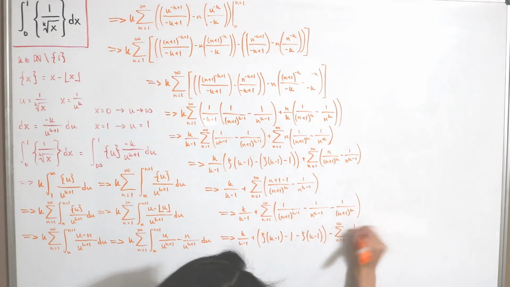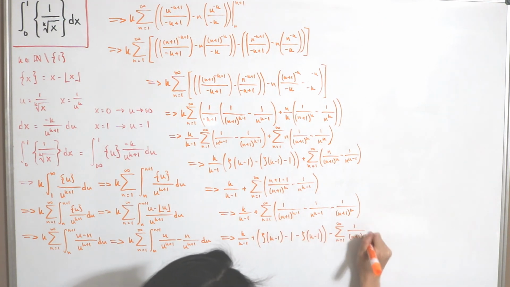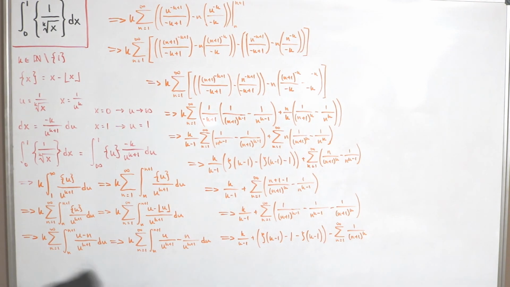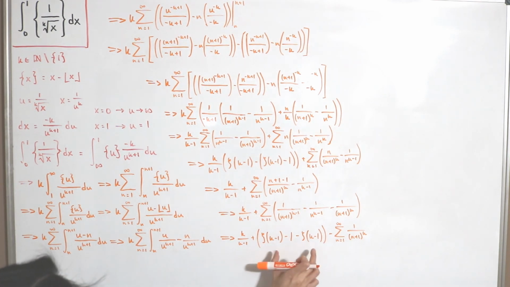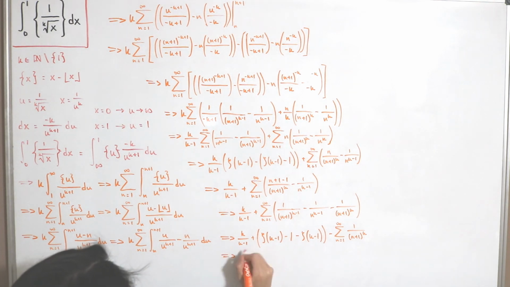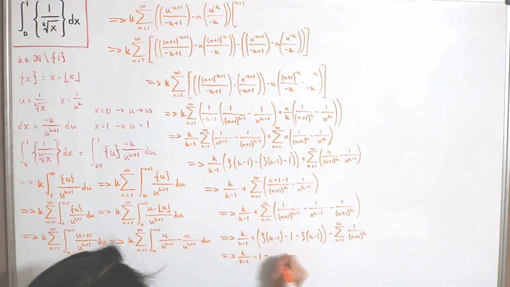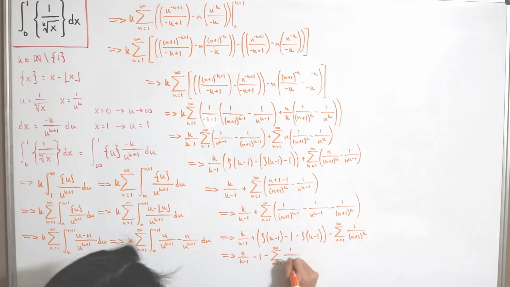Okay, and then 1 divided by n plus 1 to the k. So we just performed the necessary algebra from here. You're going to see that these two cancel, and then we're just left with a minus 1. So then k divided by k minus 1, subtract that with 1, and then subtract our infinite sum of 1 divided by n plus 1 to the power k.